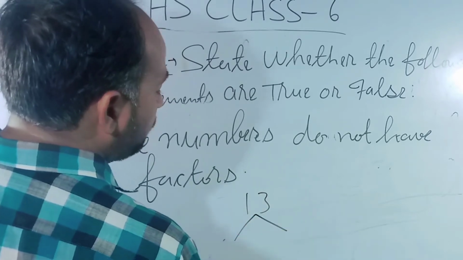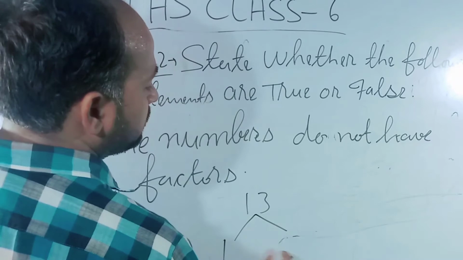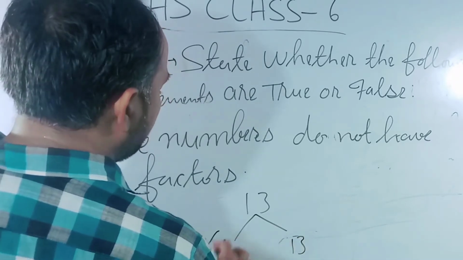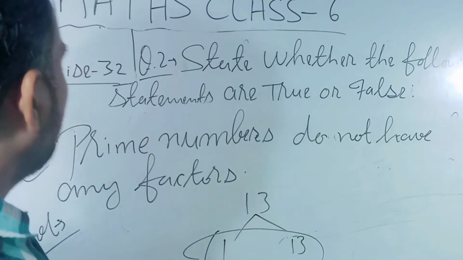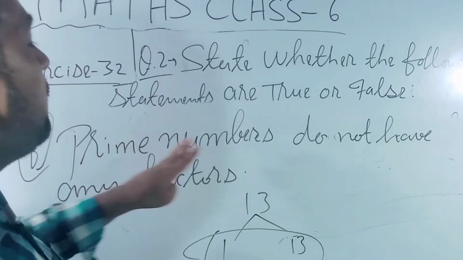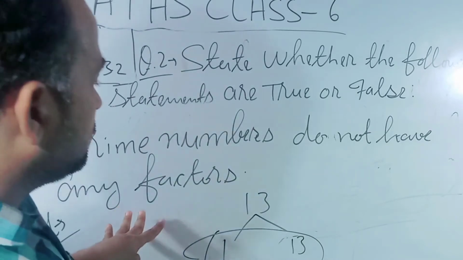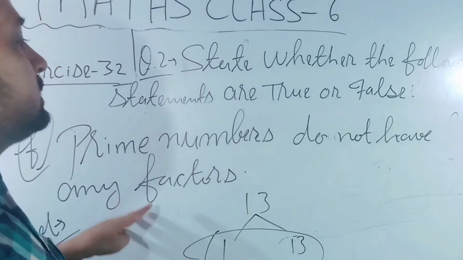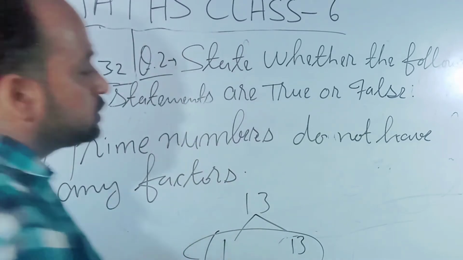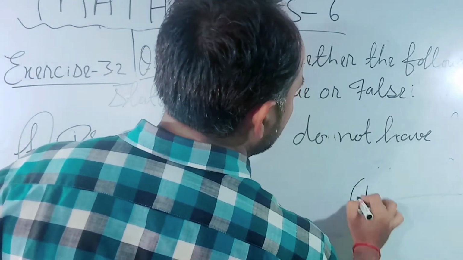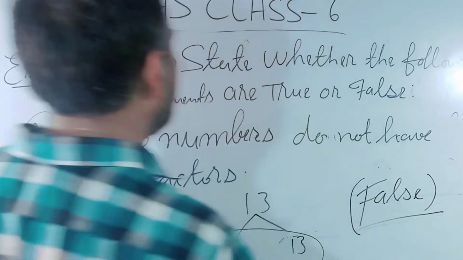It has two factors, 1 and 13 itself. So it has two factors. But the statement says prime numbers do not have any factors, which is untrue. So it is false. Clear?